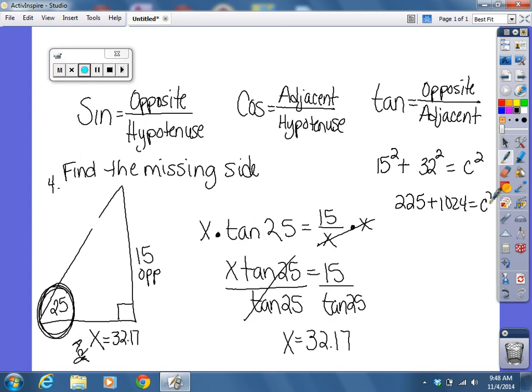If I add those two together, 225 plus 1024, I get 1249. And then I have to square root both sides. So when I square root 1249, I get 35.34. So looks good. That number looked large, but if my hypotenuse is 35.34, I'm good to go as long as this number is smaller.